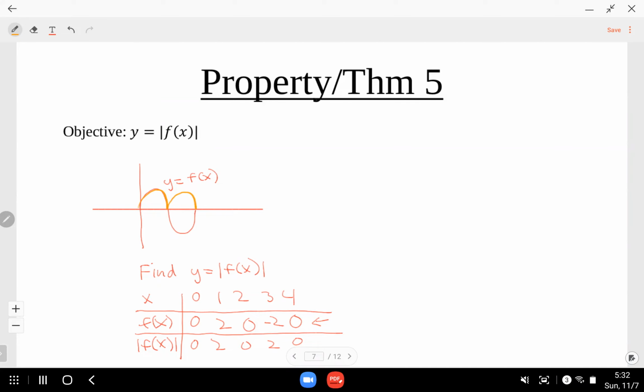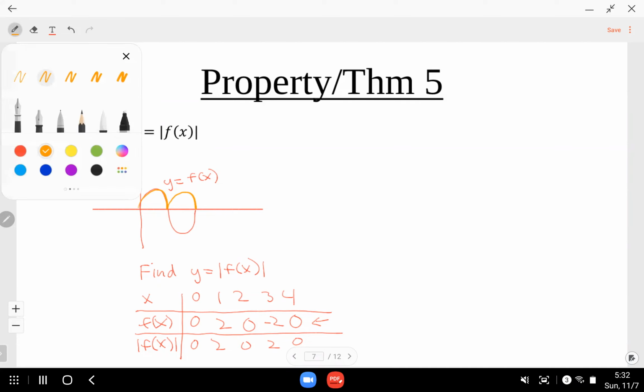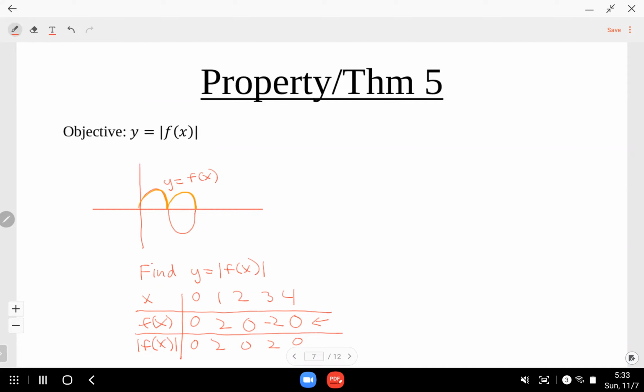So what did we do here? Basically, we're taking the absolute value of y, because y equals f of x, right? So we can just substitute it in. We're taking the absolute value of y, and you know that absolute value cannot be negative and has to be positive because it's the absolute distance from 0.